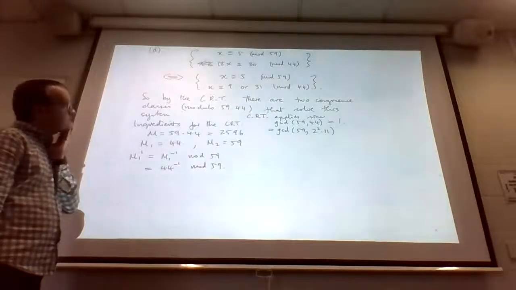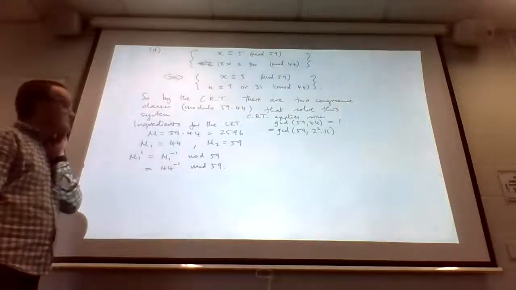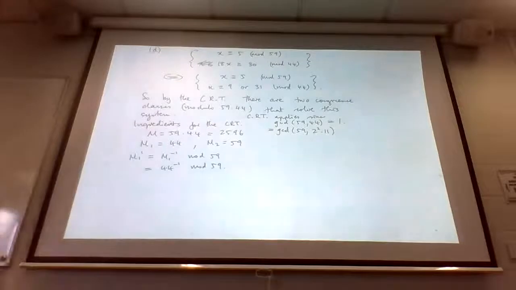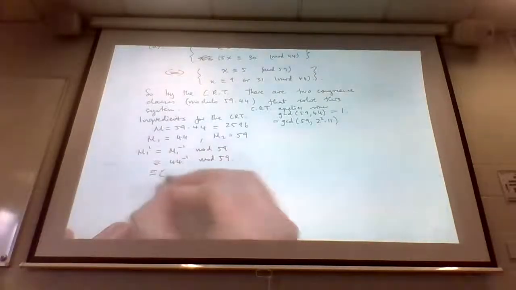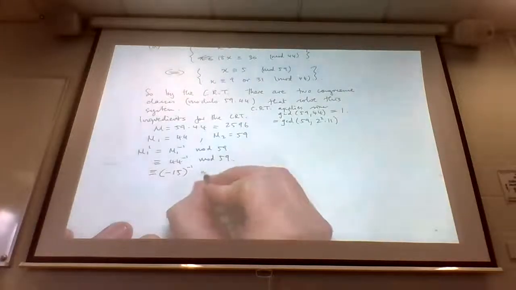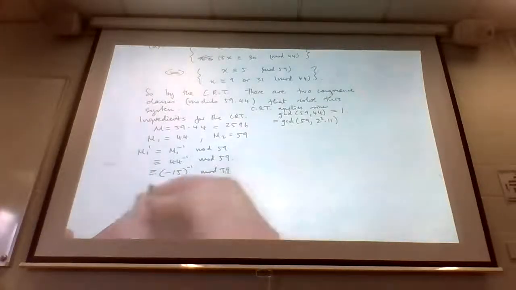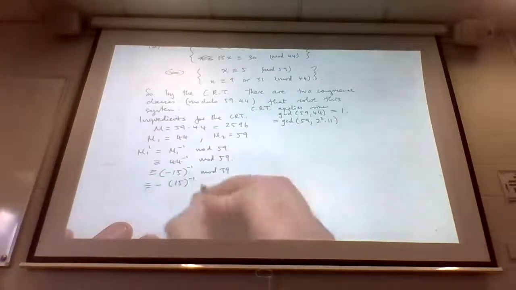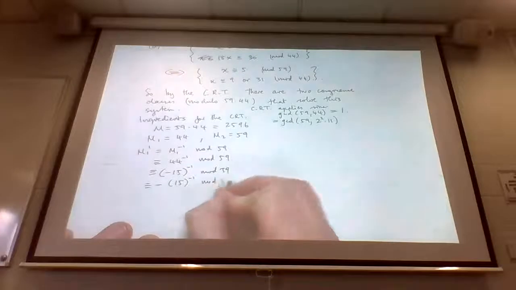Oh, you're right, it is easy, because we're talking 60. Good spot. So this is congruent to the negative of the inverse of 15 modulo 59.